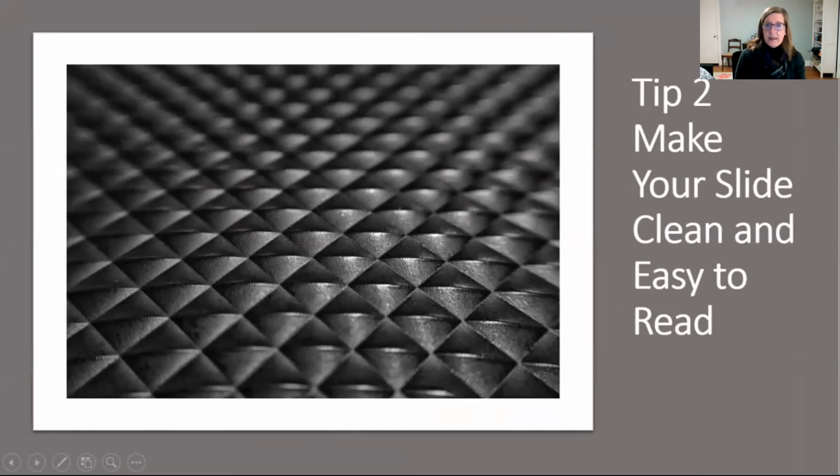So making a clean and easy to read slide starts with choosing a layout design that is going to work well with the content that you want to include on that particular slide. So depending on what information you want to present on the slide, you can choose a slide template designed specifically for that. So if you are just going to include a text box with bullet points or with pieces of text, then that's the slide layout that you want to choose.